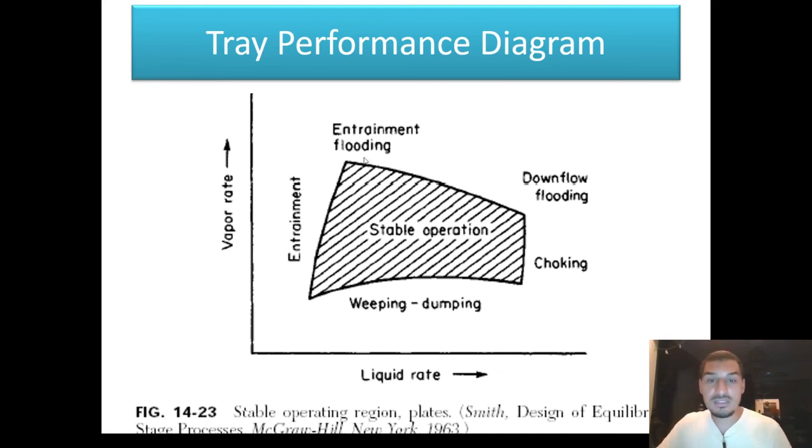When operating the column, we face a challenge to make sure that the operation is optimal. So there is this dashed region of what we call the stable operation. This stable operation is a function of the liquid flow rate and the vapor flow rate. For the liquid flow rate, if it's small, then we will have what we call entrainment, so that the vapor goes from the bottom tray to the tray above, and it's going to take some of the liquid to the tray above.